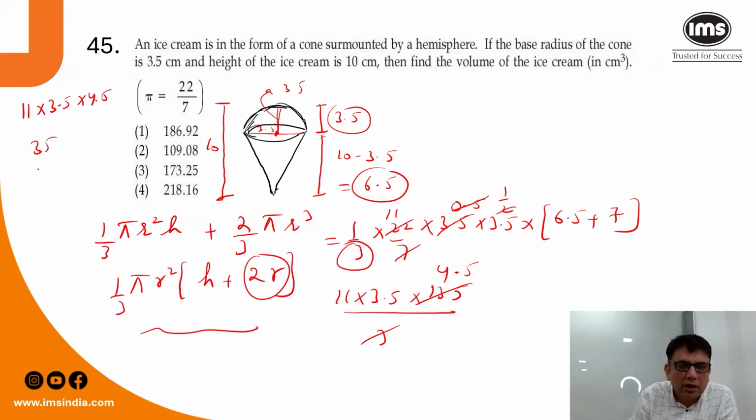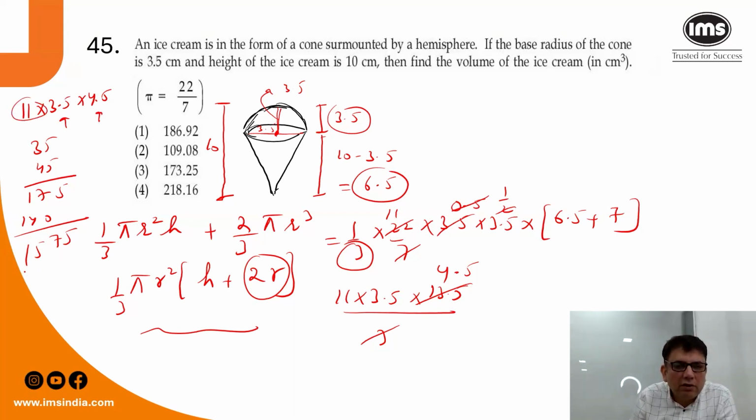Let me multiply 35 and 45. You get 225, 35 into 4 is 140, so 1575, and there are 2 decimal points. So 15.75 into 11.